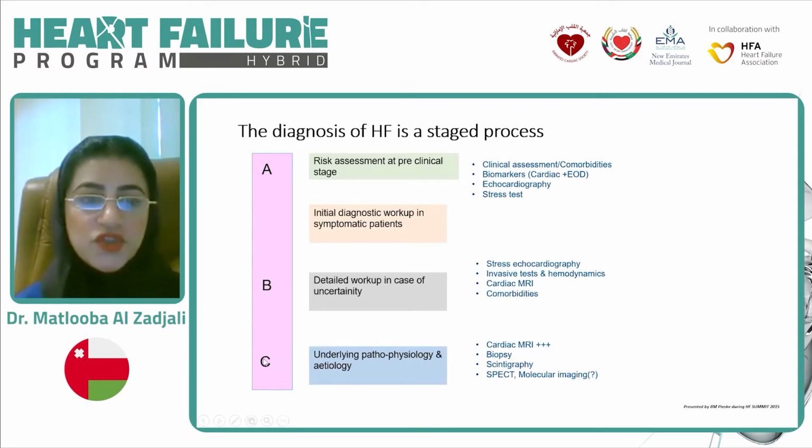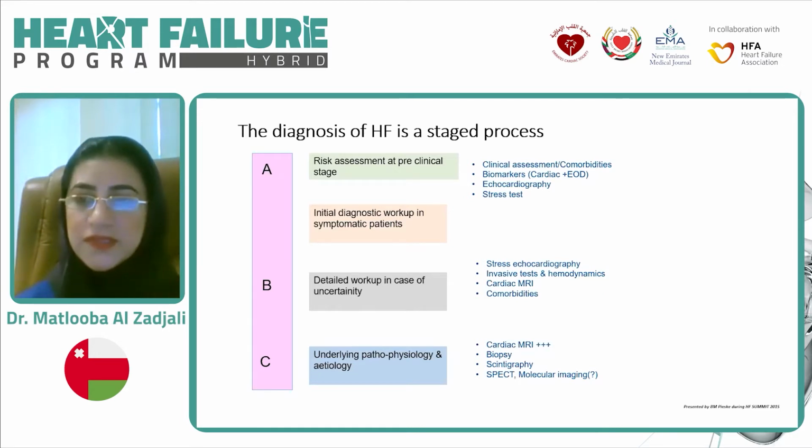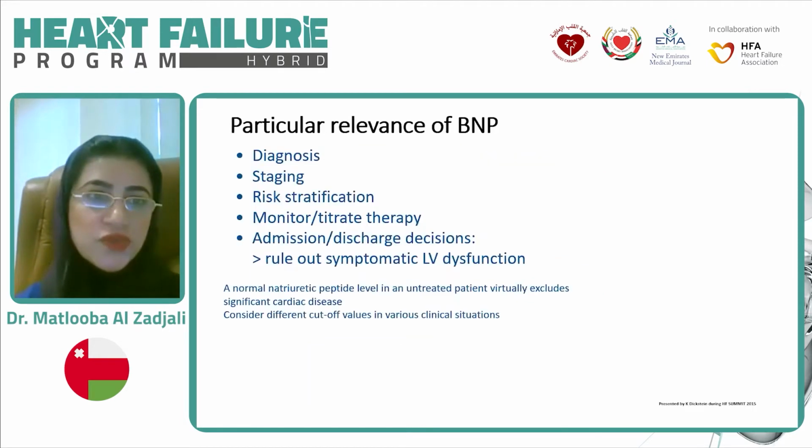Whereas for the stage C process, underlining the pathophysiology and the etiology for the heart failure, here you need to conduct cardiac MRI, biopsy, and scintigraphy. This is very important to rule out the cause of heart failure, whether it is related to cardiac amyloidosis or not.